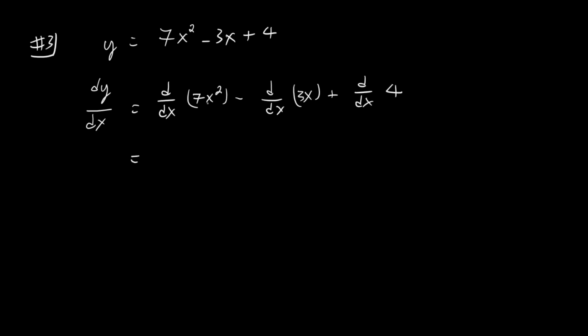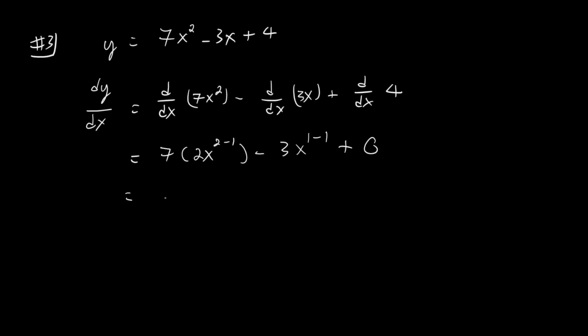The derivative of 7x squared is, we copy 7 and take the derivative of x squared, which is 2x raised to 2 minus 1. For the second term, the derivative of 3x is, we copy 3, then the derivative of x is x raised to 1 minus 1. Then the derivative of 4 is 0 because it is a constant.